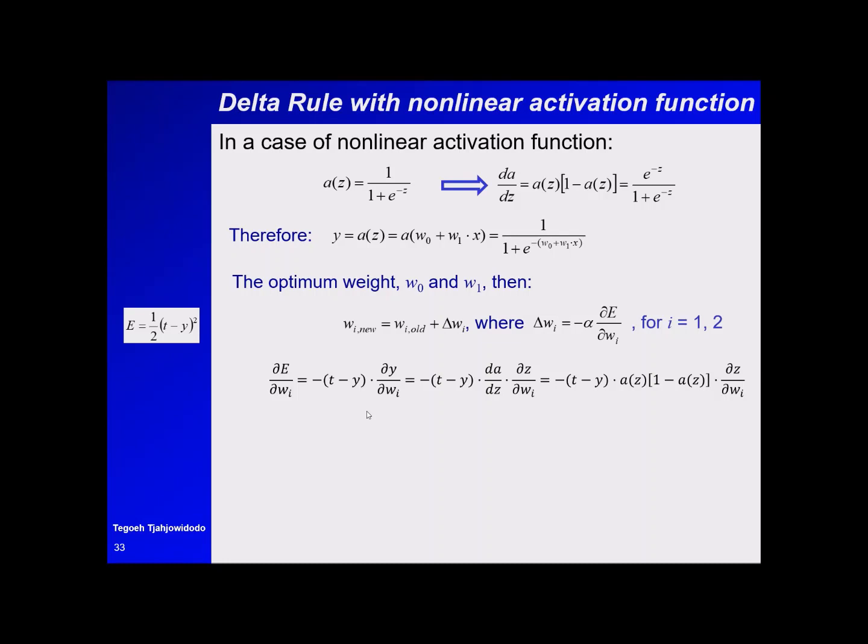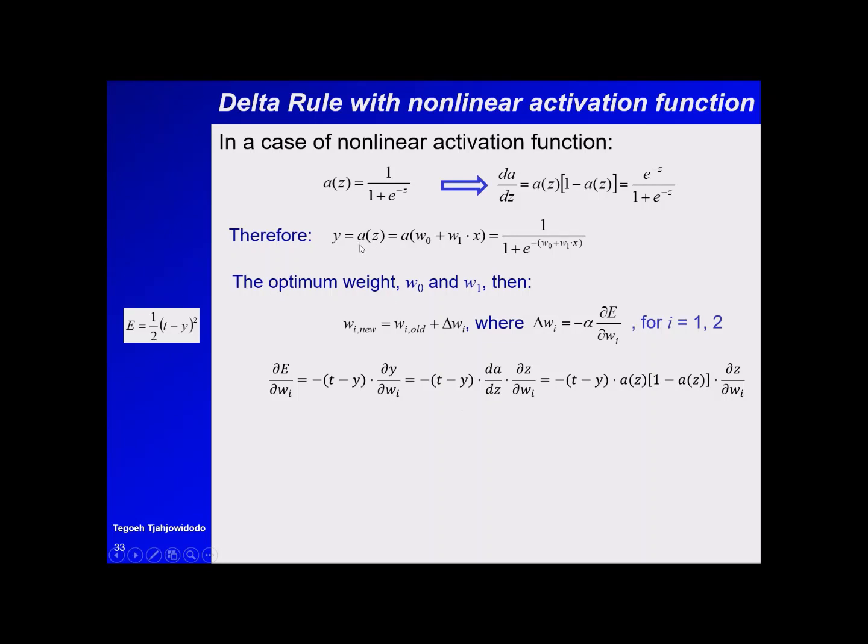Now we can substitute this value, because we know that y here is equal to the activation function a when the input is equal to z. So again using the chain rule, the first derivative of y with respect to w will be equal to dA/dz times dz/dw, right?